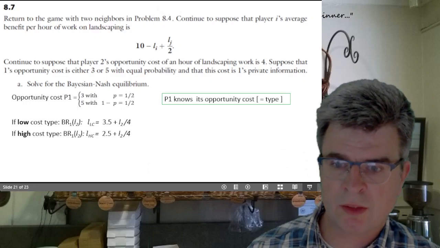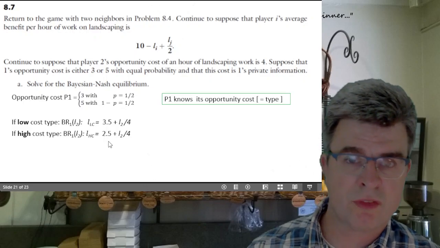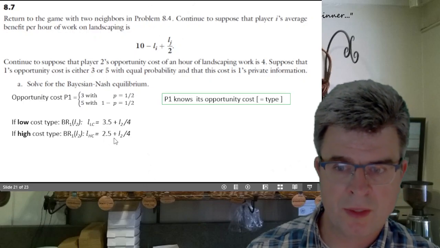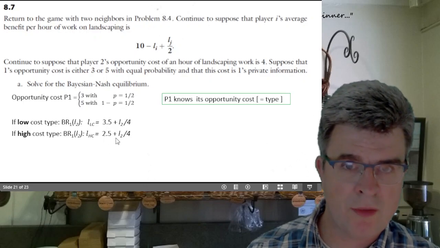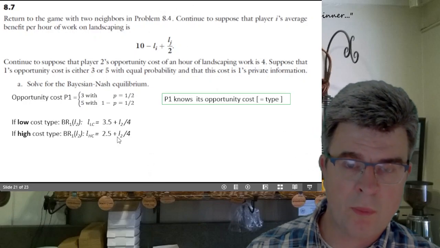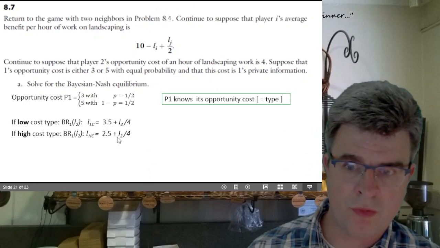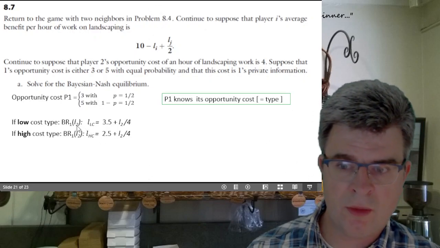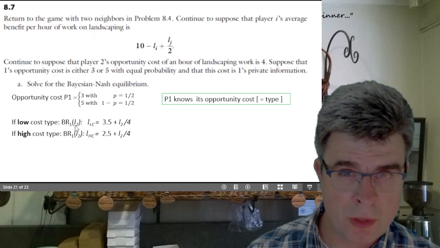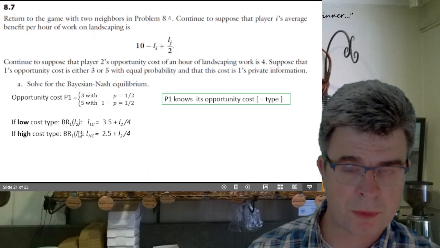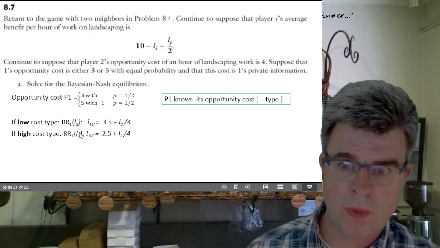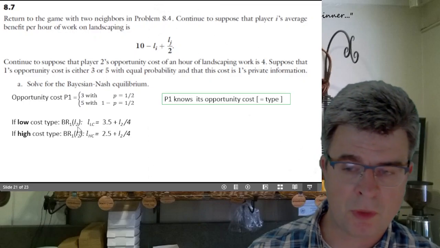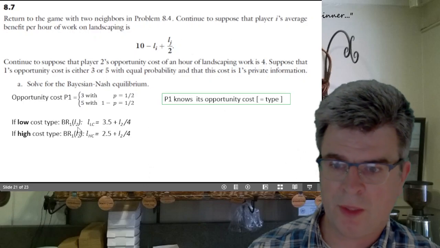So if you're of the high cost type, you start out with a base level of 2.5 instead of 3.5, and your effort is increasing by 1/4 of the effort level of the neighbor. And player 1 again knows which type he is, so he knows his best response function, but neighbor 2 does not know which is the actual best response function of neighbor 1.